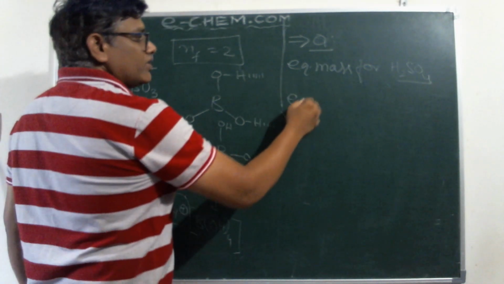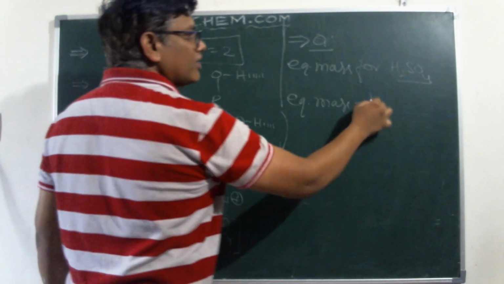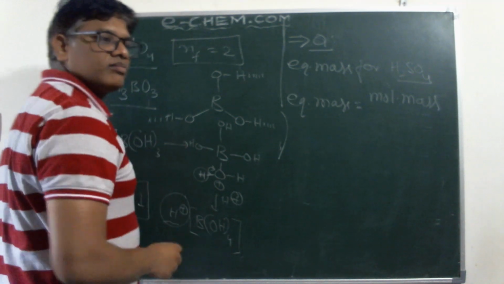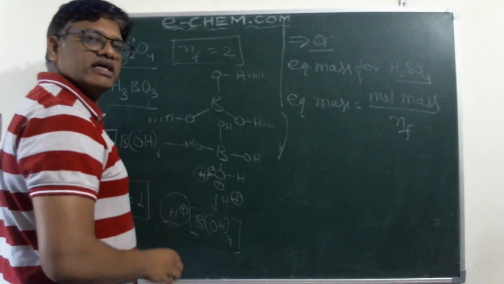So what is the formula we have? Equivalent mass is equal to molar mass over n factor. This is the formula we use to calculate equivalent mass.